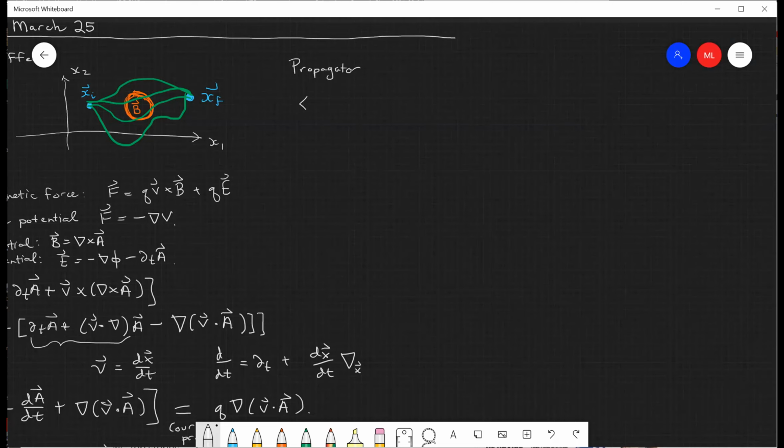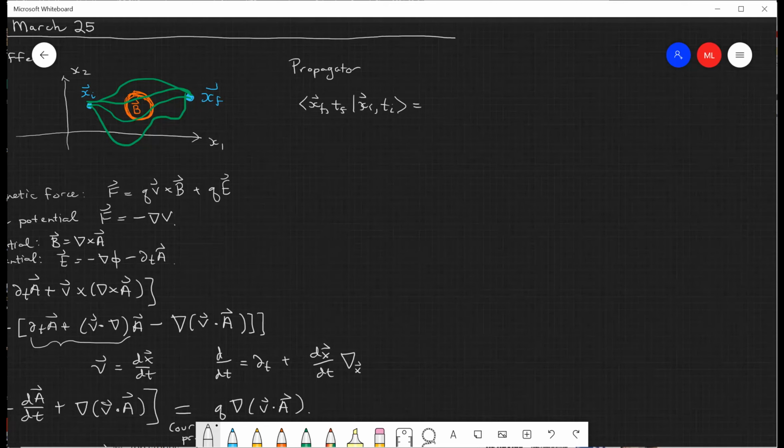So we want to know the propagator from moving from the initial point to some final point.